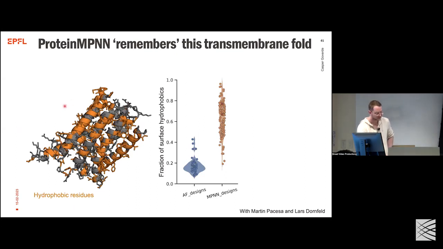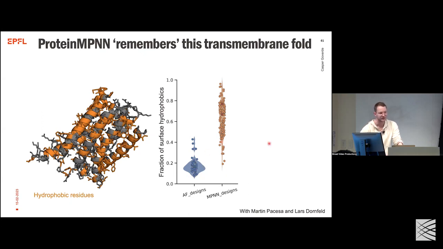Here we have the original GPCR, and I colored the hydrophobic residues orange. What you can see is that the surface is completely covered in hydrophobic residues. When we redesign it with AlphaFold and count the fraction of hydrophobic residues on the surface, around 15 to 20% of the surface is covered in hydrophobics, which is what you would expect in a soluble protein.